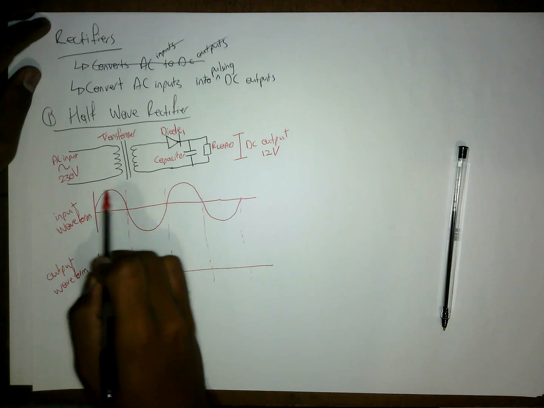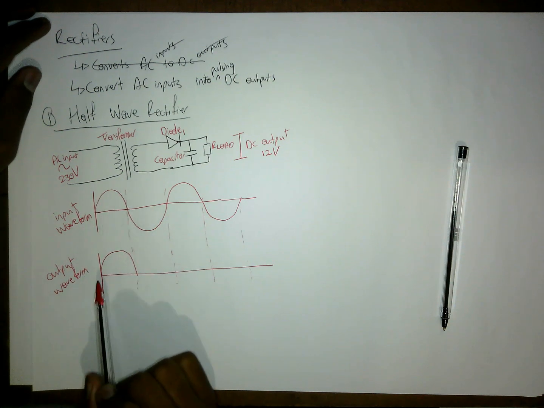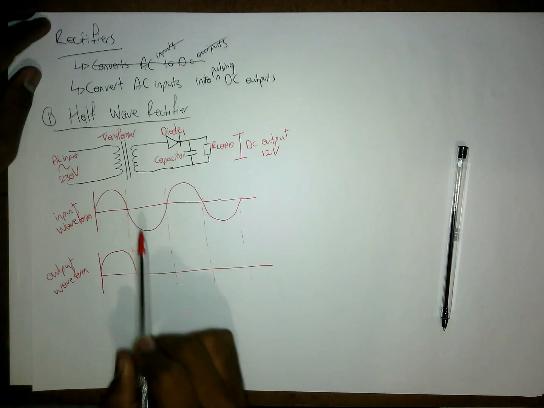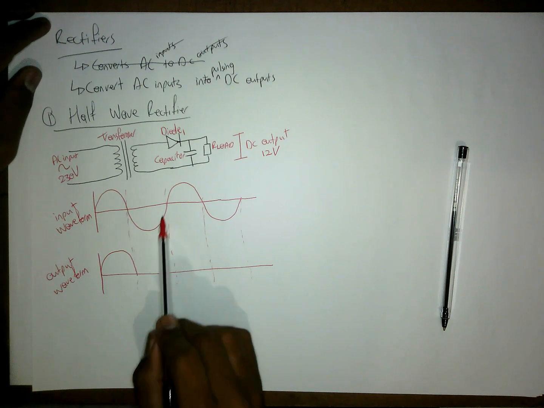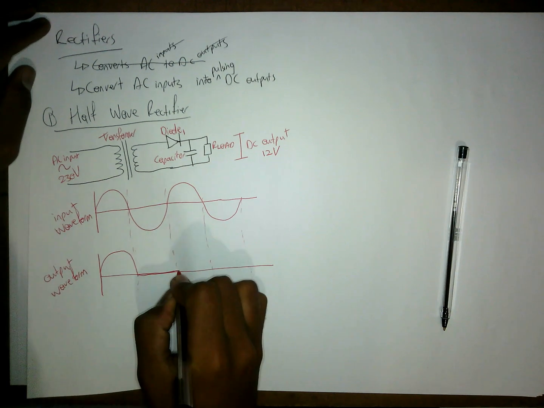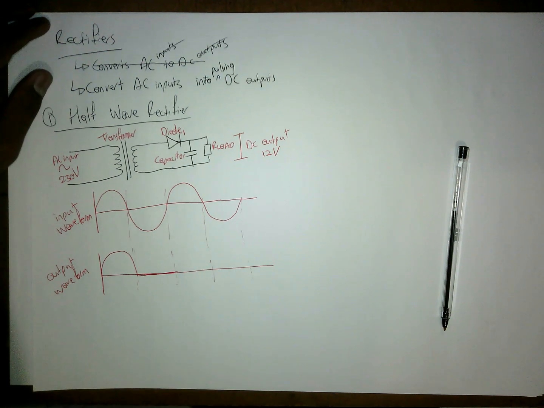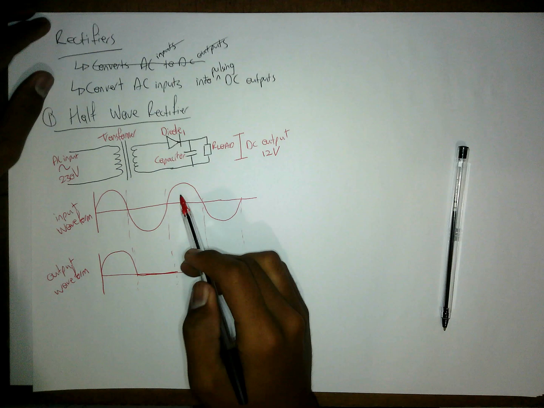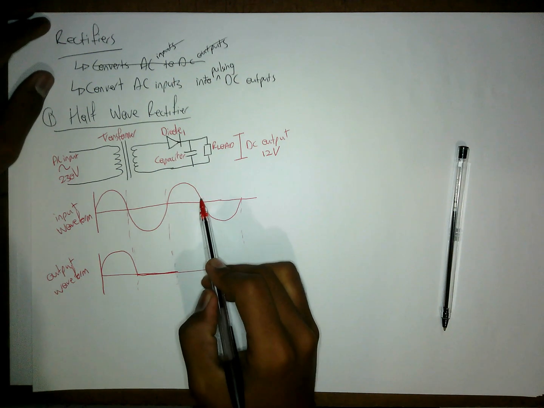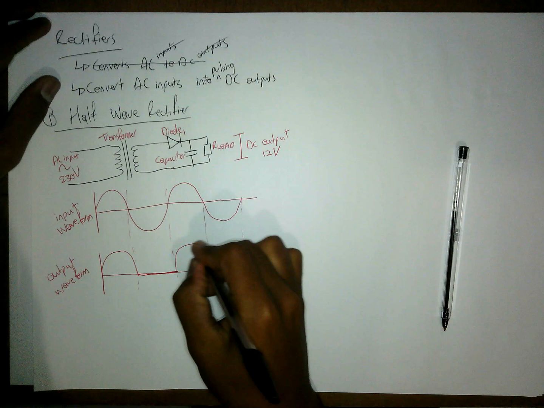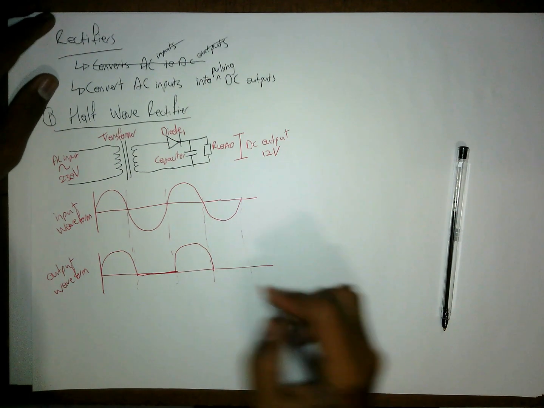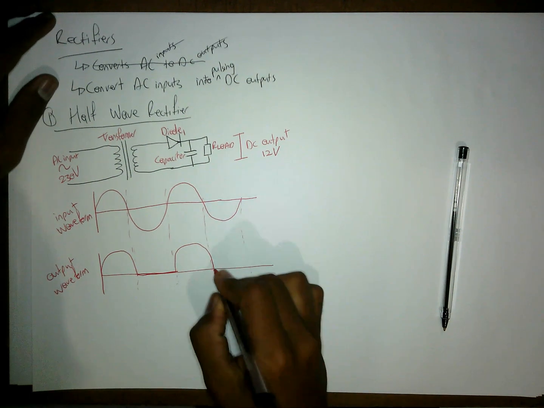For the positive cycle, you get a ripple for the output waveform. When the input is negative, you get no output wave, so it's a straight line. But when it's positive again, you get a voltage or output waveform there. When it's negative, you get nothing again.